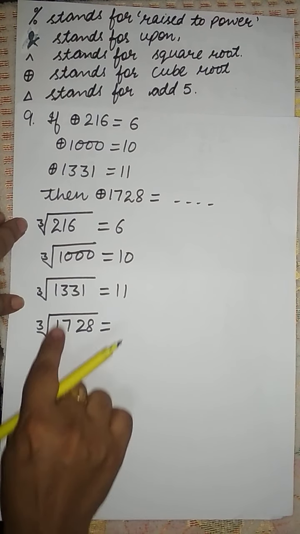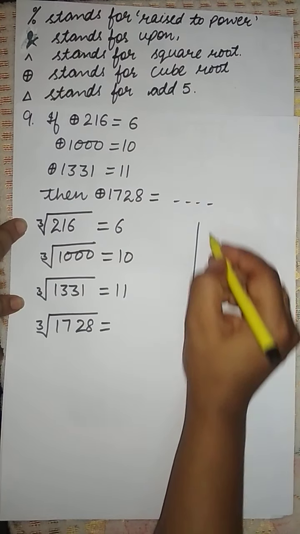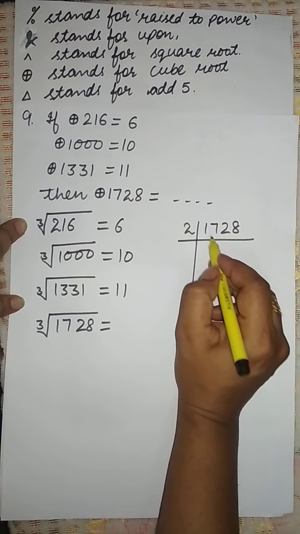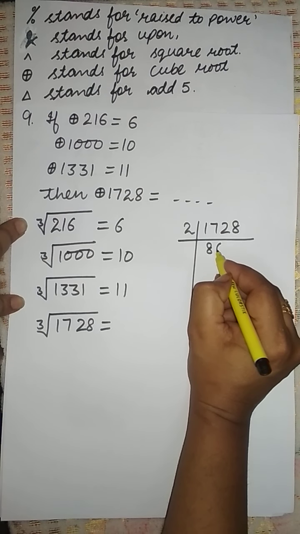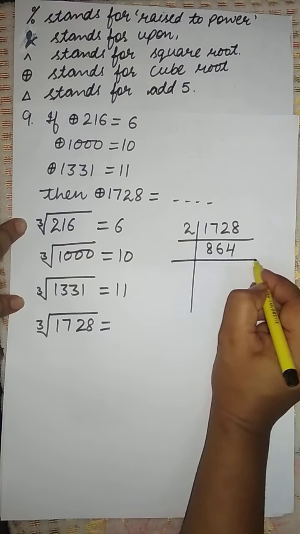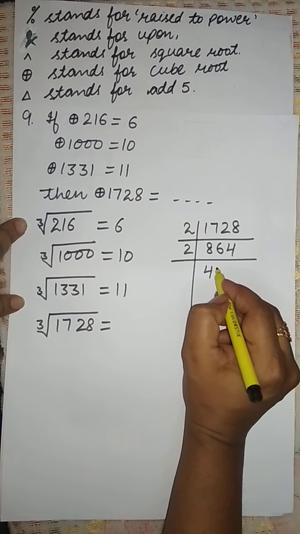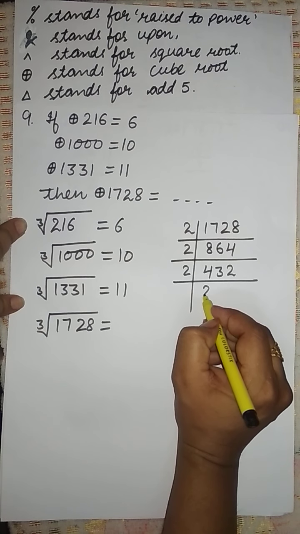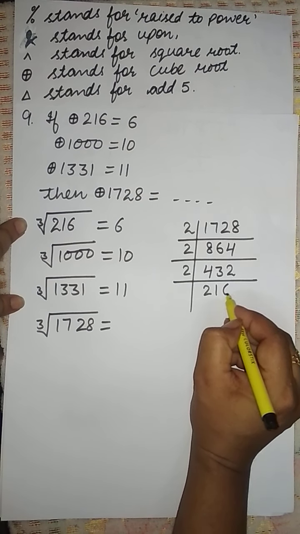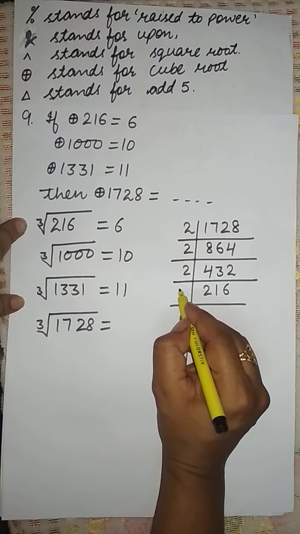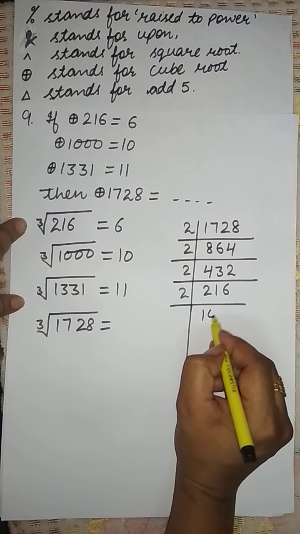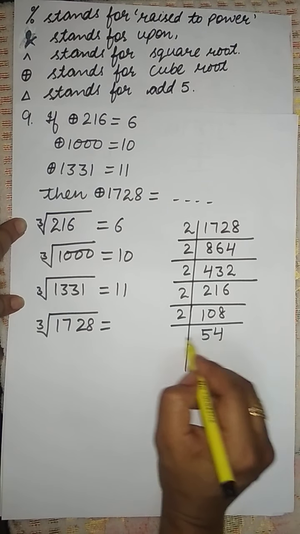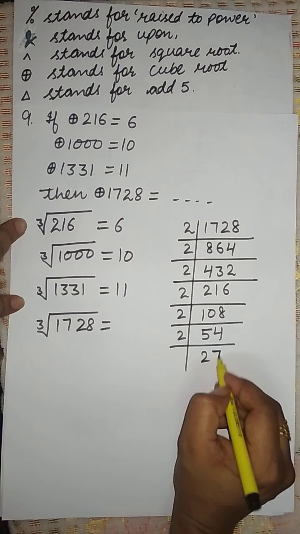I'll explain for 1728. Here I'll write 1728 divided by 2. 2 8s are 16, 2 6s are 12, 2 4s are 8, again by 2, 4, 3 2s are 6, 2 2s are 4, now 2, 2 2s are 4, 2 1s are 2, 2 6s are 12, now again by 2, 2 1s are 2, 0, 108, again by 2, this is 54, again by 2, then it is 27.